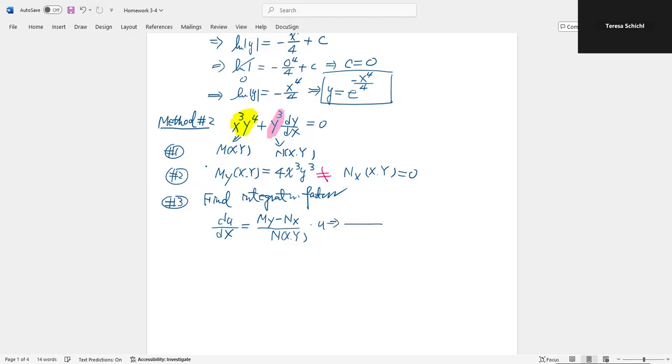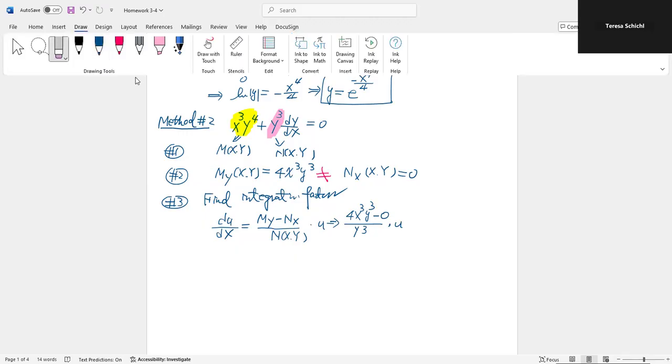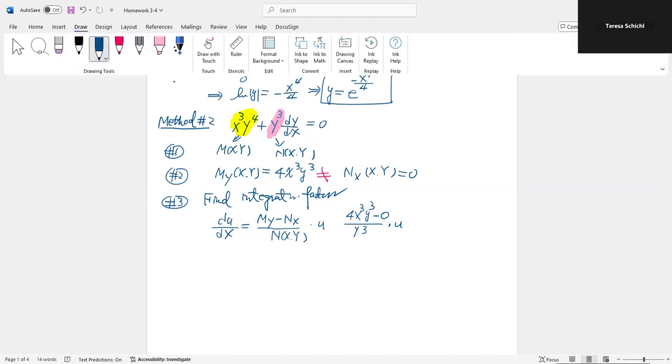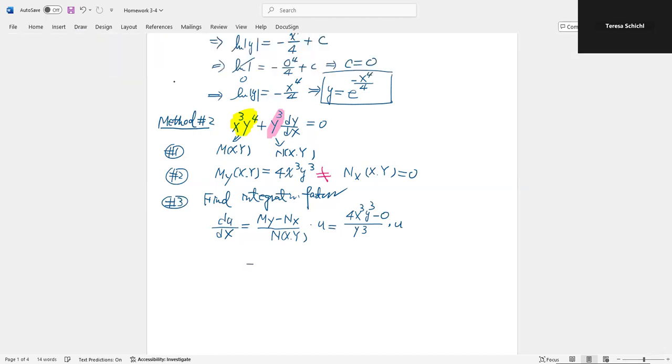So in here, My is 4x cubed y cubed minus 0. Nx is y cubed, times u. Okay, here I should say equals, right? Then the y cubed cancels out, so this will be 4x cubed times y times u.